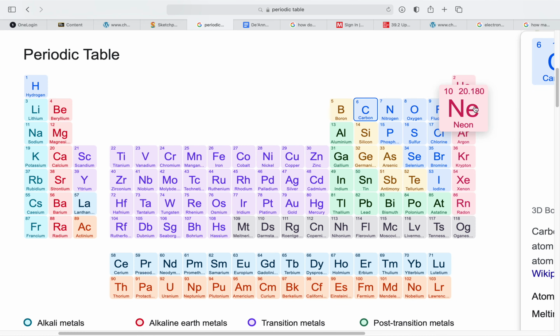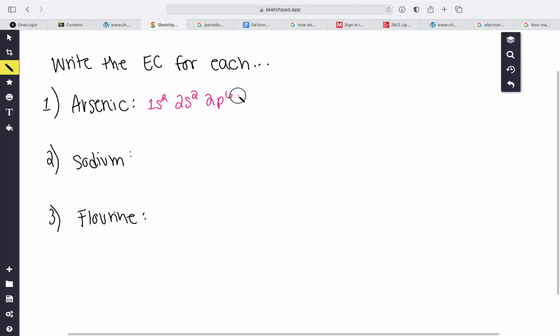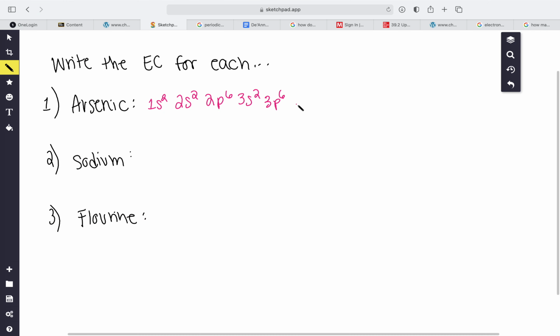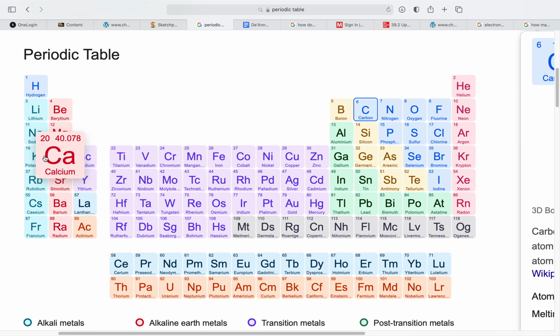2p6, because that's going to be completely filled. And then we'll just keep moving down. 3s2 will be completely filled. 3p6 will be completely filled. And just to remind myself, we're going to the 4th energy level. So 4s2 will be completely filled. So right now we're here, 4s. We know that we're going to have to account for this group here, but remember, this is going to move down an energy level.